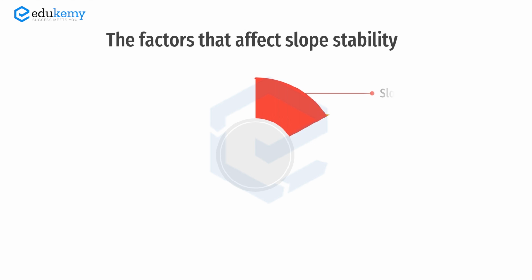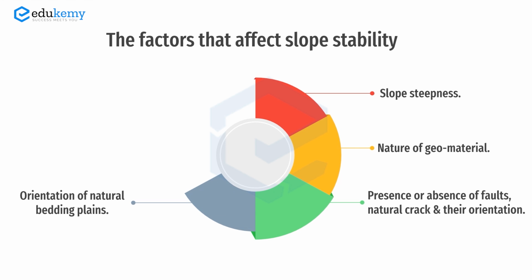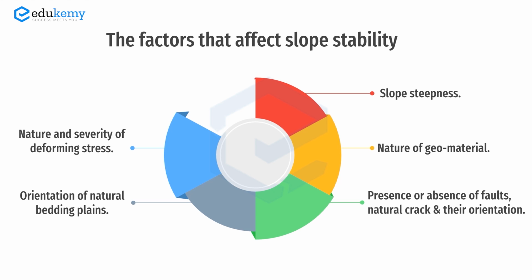One is the slope steepness, the nature of the geomaterial, presence or absence of faults, natural cracks, and their orientation. Orientation of natural bedding planes, the nature and severity of deforming stresses, like what type of earthquake, if any, what type of tremors, if any.